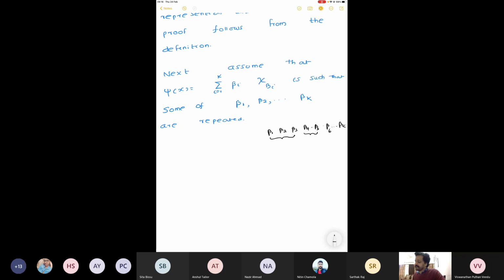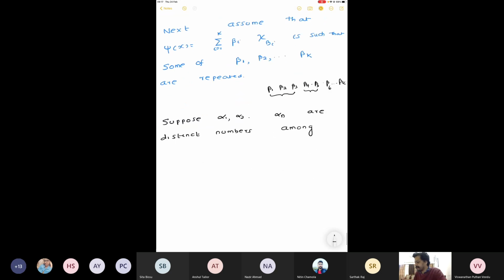Now what I do is, from this beta 1 to beta k, I will extract the distinct ones. Suppose alpha 1, alpha 2, etc., alpha n are distinct numbers among beta 1, beta 2, etc., beta k.